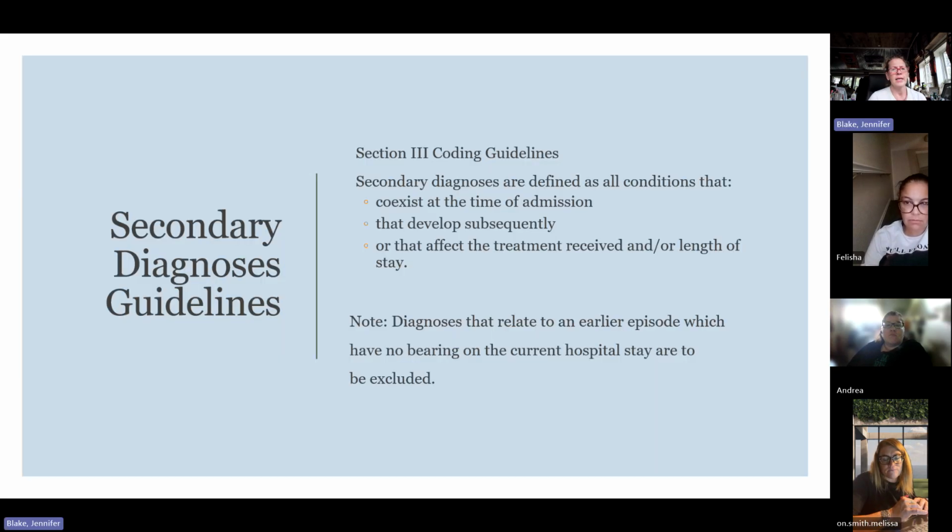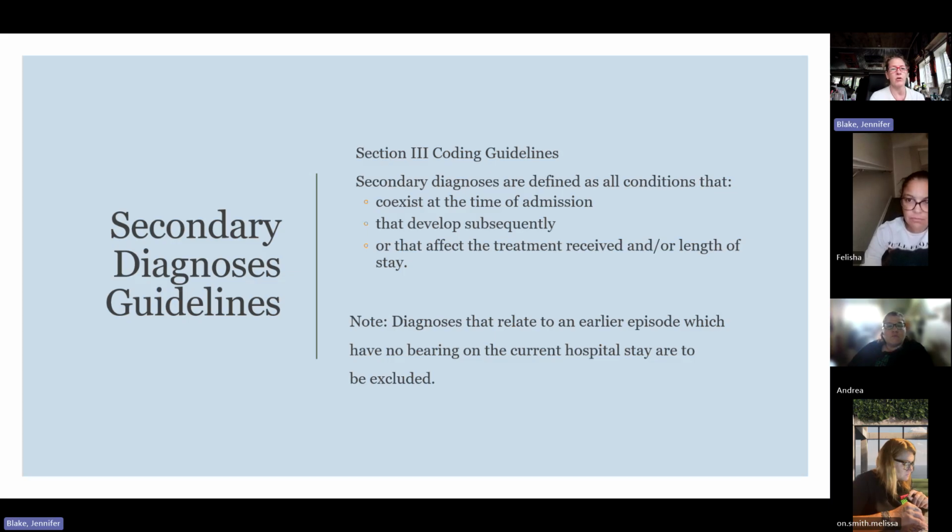Section 3 of the coding guidelines talks about secondary diagnosis. That's something that is defined that coexists at the time of the admission. So maybe the patient came in for something, like let's say the patient came in because they had a headache, right? But the patient also has arthritis in their knee, and they have atrial fibrillation.